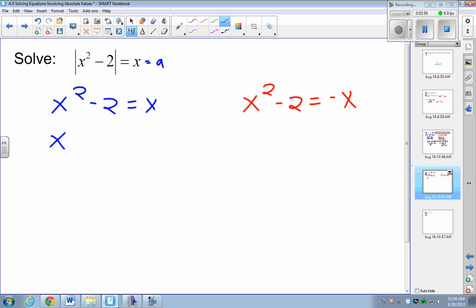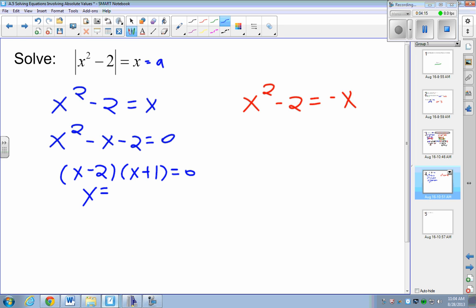Over here to the left, x squared minus x minus 2 is equal to 0. When we factor that down, we're going to have x minus 2 times x plus 1 is equal to 0. And so here, we get x is equal to 2 and negative 1.